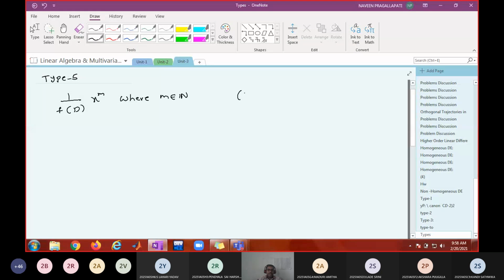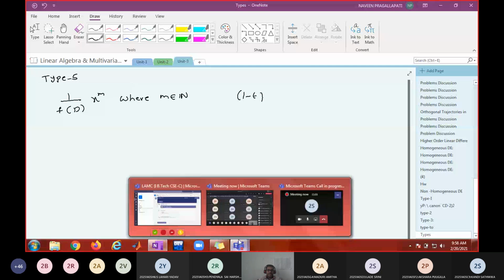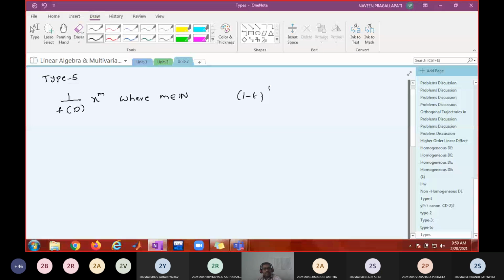Can you tell me the binomial expansion of 1 minus t whole power minus 1? 1 plus t plus t square plus t cube plus and so on.